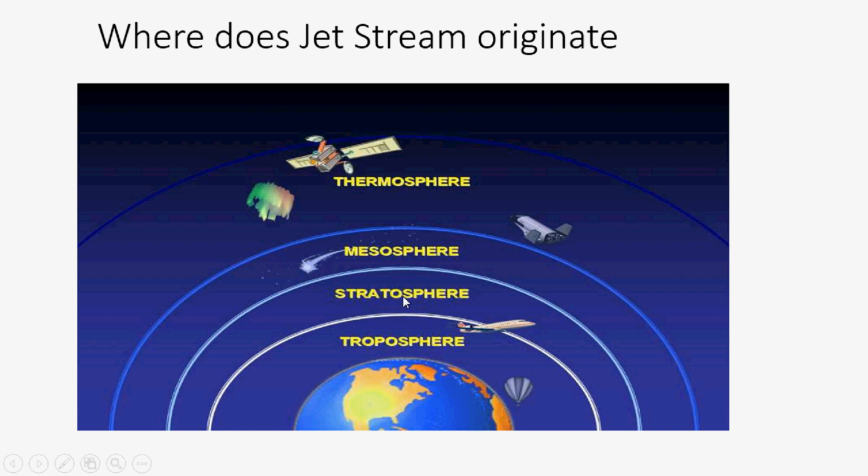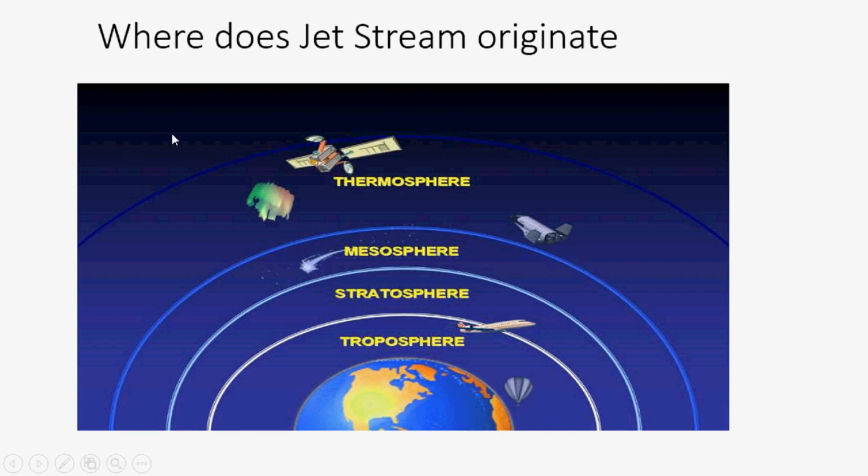In the stratosphere we have a layer called the ozone layer. The ozone layer plays a very important role. It protects the earth from harmful UV rays coming from the sun. The next layer is the mesosphere, and the layer on top of that is the thermosphere. In the thermosphere, we also have a layer called the ionosphere. The ionosphere has a lot of charged particles, which help in propagating radio waves to different locations of the earth.